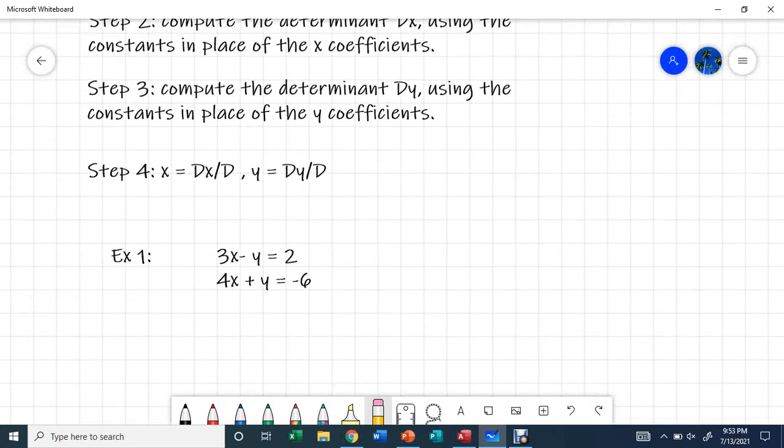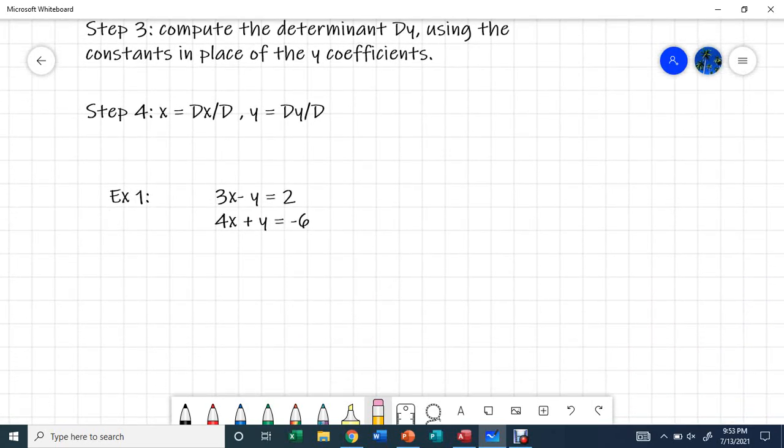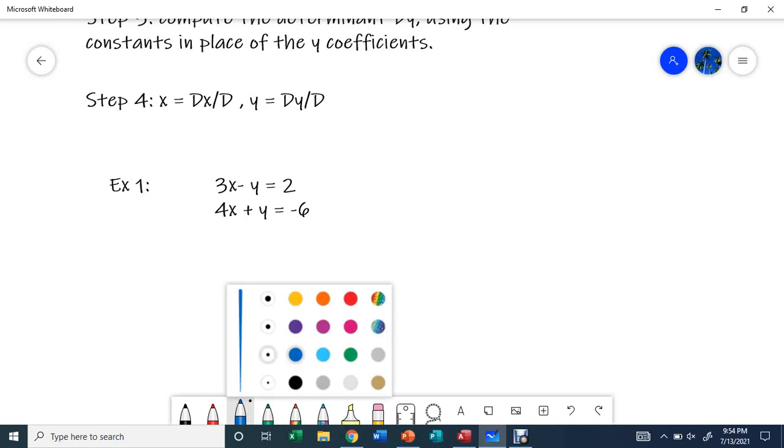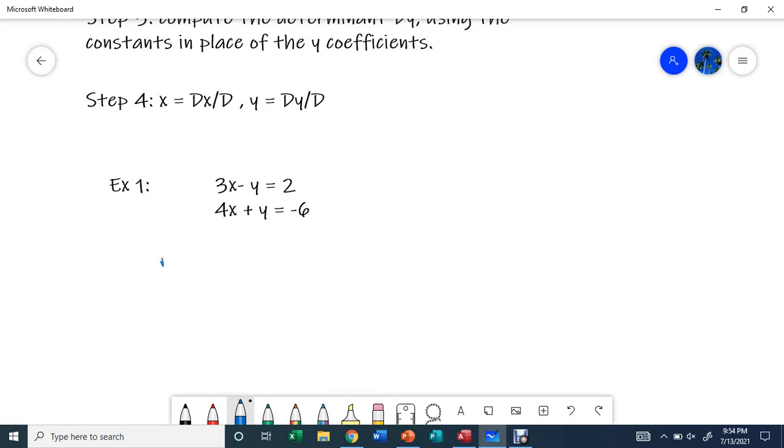The first example here, we need to solve this system of equations: 3x minus y equals 2 and 4x plus y equals negative 6. So let's do the first step. We need to find the determinant D using the coefficients of the variables.